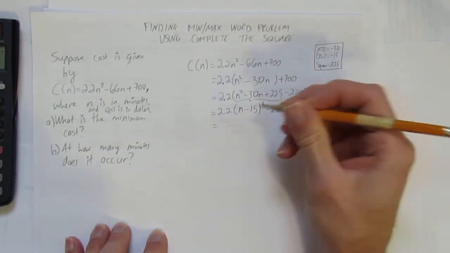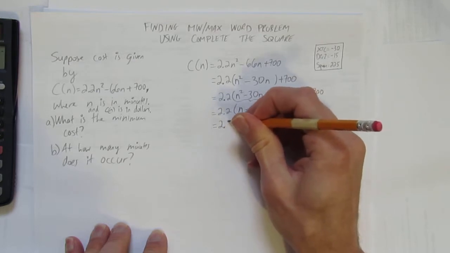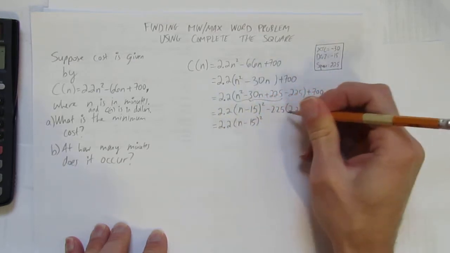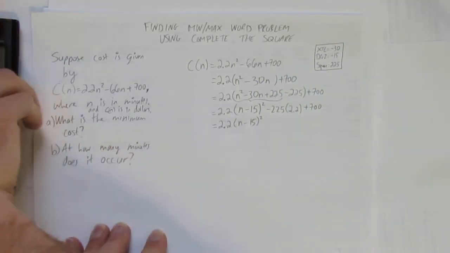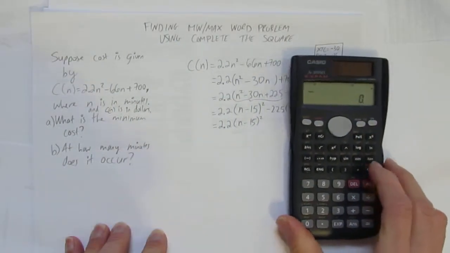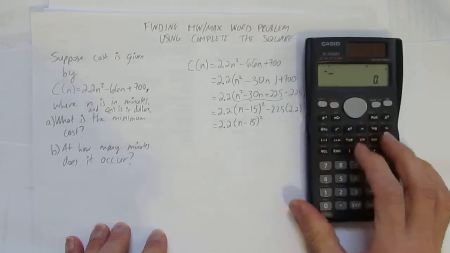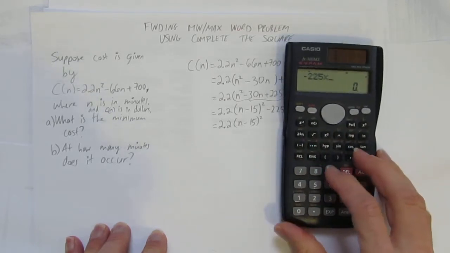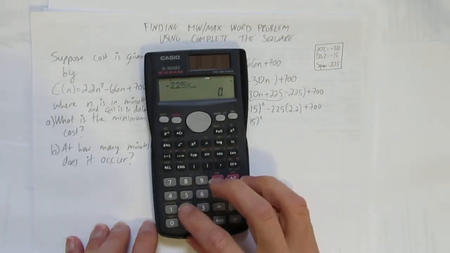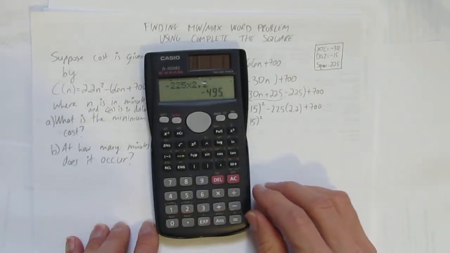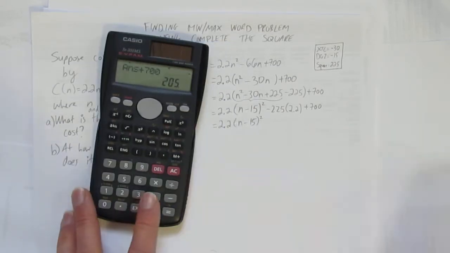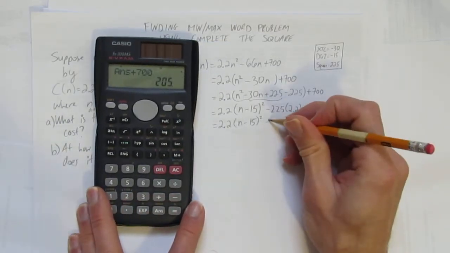And then the last part is to rewrite the 2.2 and the (n − 15) squared. But now let's calculate this final term. Negative 225 times 2.2 gives negative 495, plus 700, and we get plus 205.